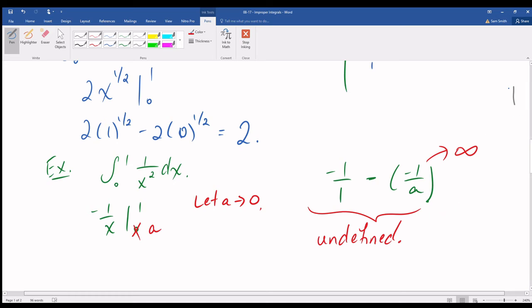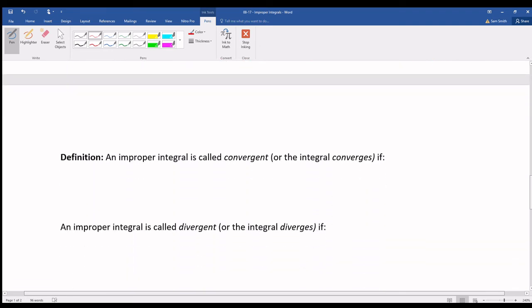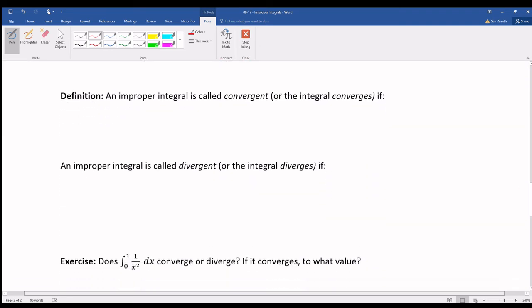Now, we have some language that we use to distinguish the case when we get an infinite answer versus when we get a finite answer. An improper integral is said to converge, or is said to be convergent, if it has a finite value.